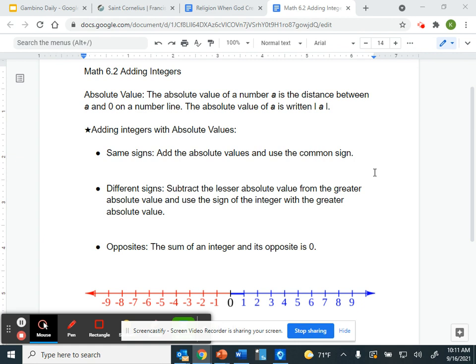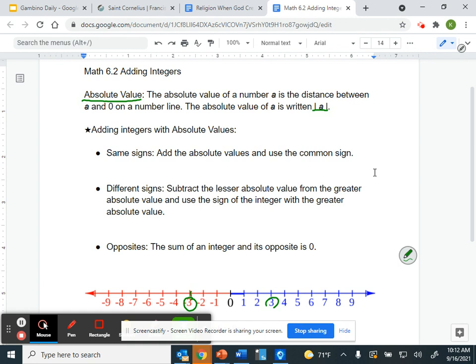The first thing we're going to learn about is absolute value. The absolute value of a number A is the distance between A and 0 on the number line. The absolute value of A is written as two lines with the A in between. So on our number line, it could be 3 or -3.